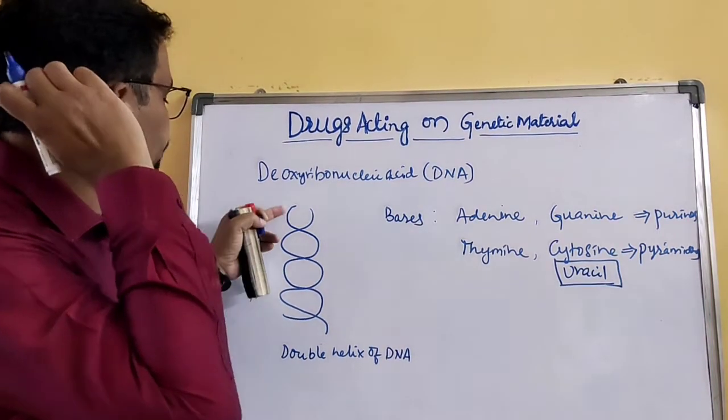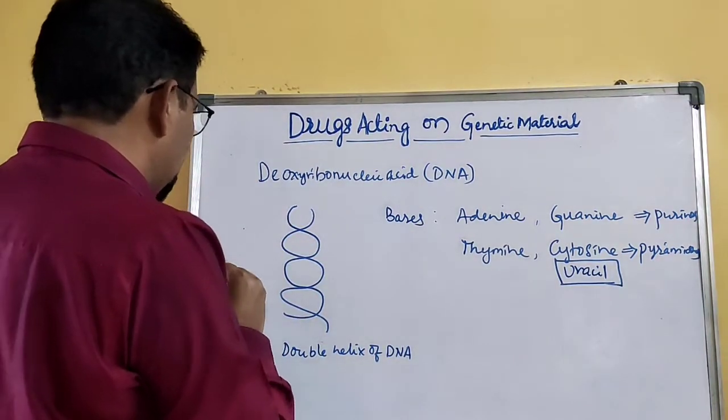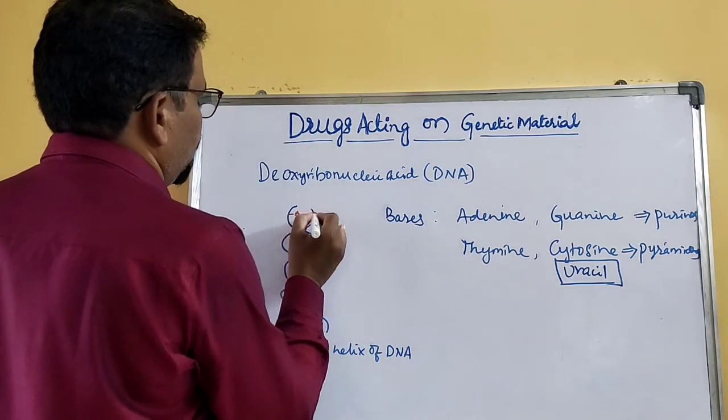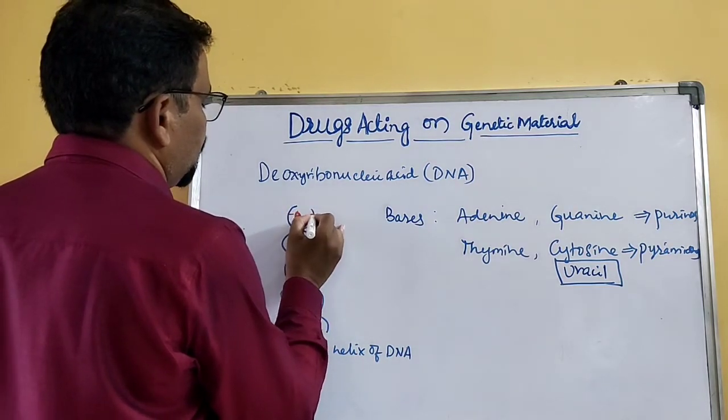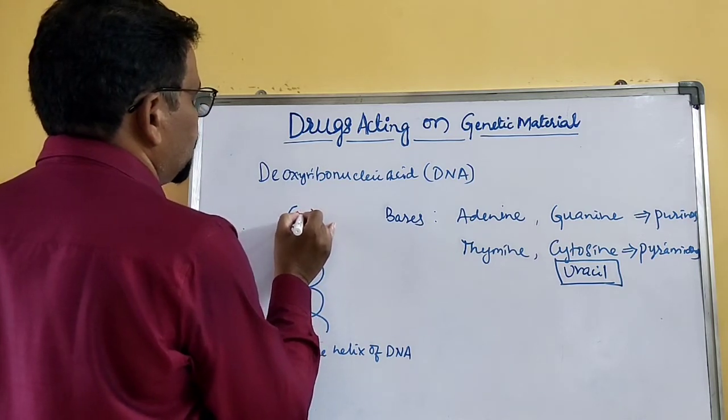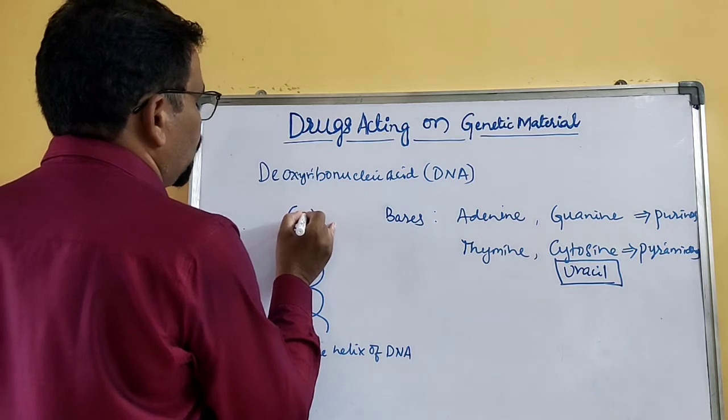In between, a base like adenine on one chain pairs with thymine on the other chain with two hydrogen bonds.